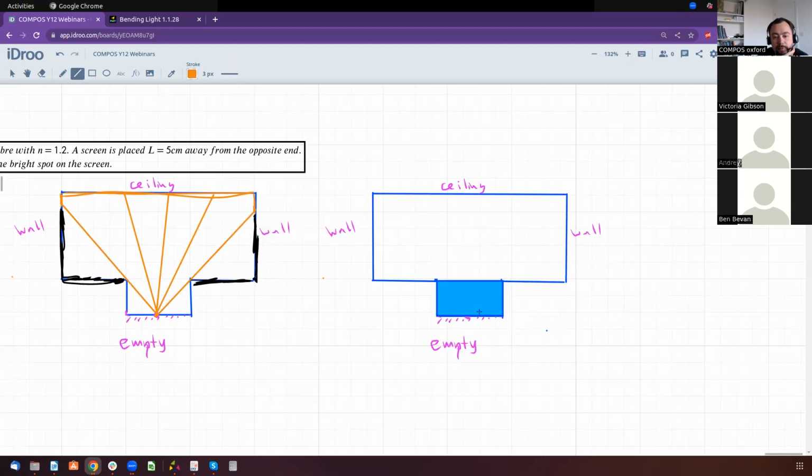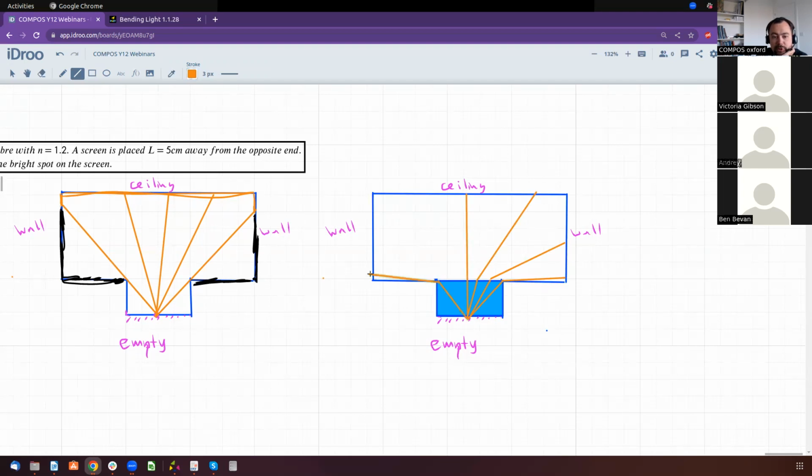The light will now propagate as follows: straight, then bam, refracted, bam, refracted, bam, refracted.